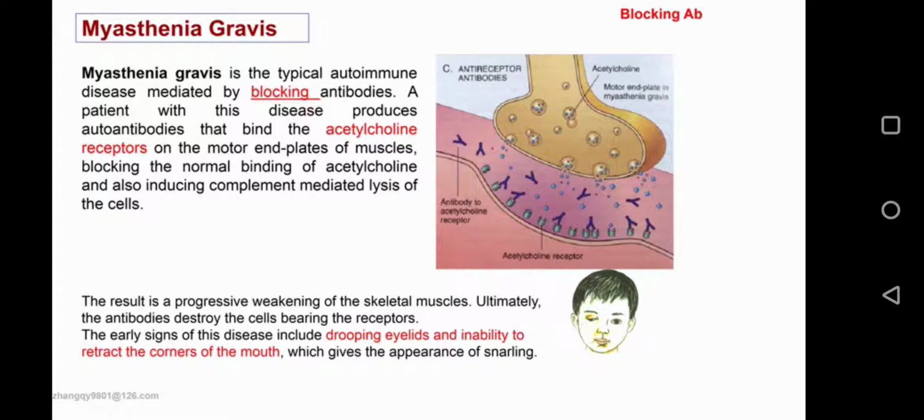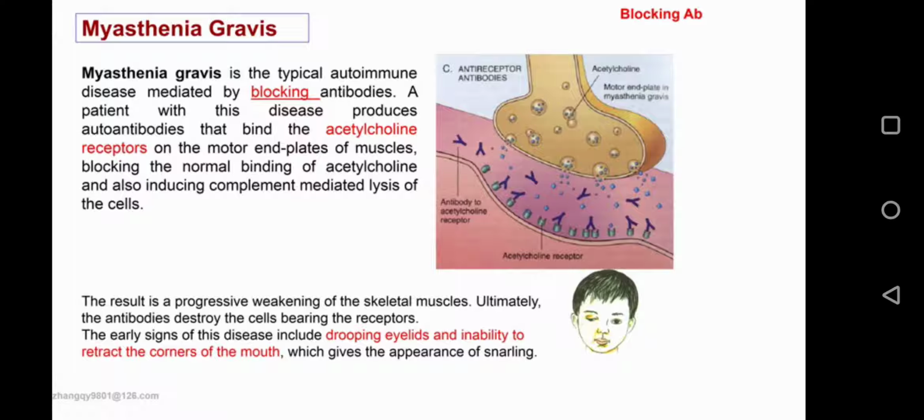So for the patient, you can see here, the result is a progressive weakening of the skeletal muscles. This antibody can also destroy the receptor. So with this disease, they will have, like these children, a dropping eyelid. They cannot open the eye because the receptor cannot work. Yeah?